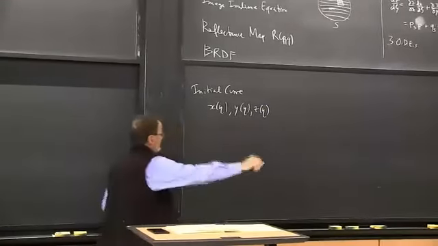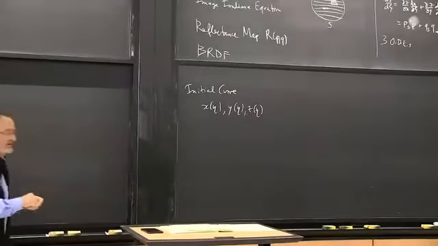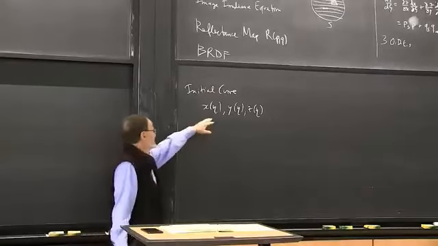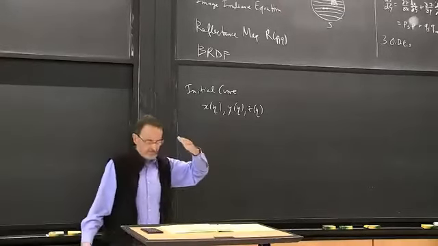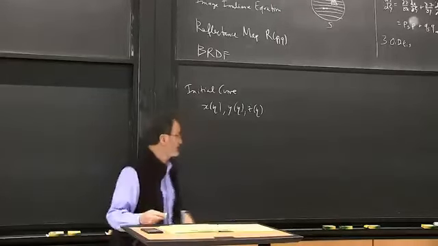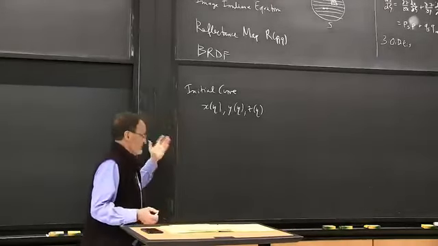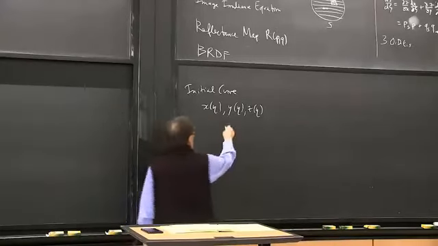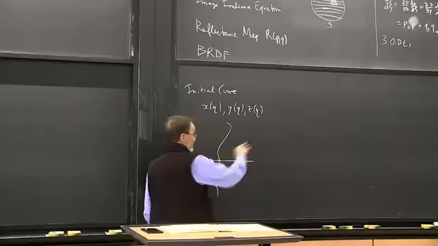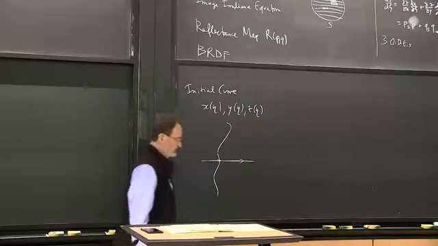We have some parameter that varies along the curve, could be arc length or some arbitrary parameter, eta. And for each eta, we give a position in space, x, y, and z, and that's a curve. So let's assume we have that initial curve. So some sort of curve like this. And then we can start at any point on that curve and integrate out those equations numerically.